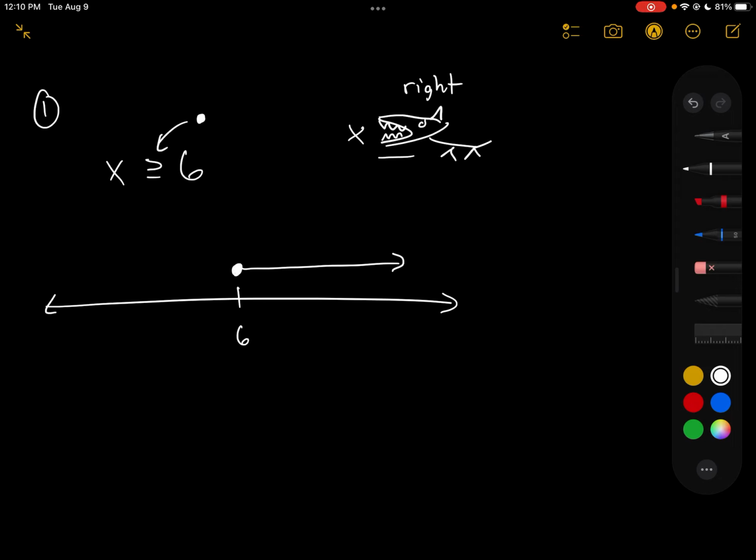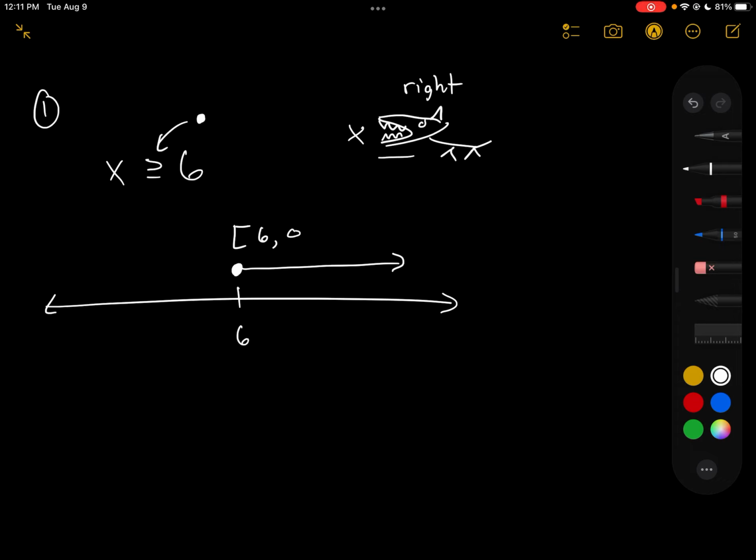So we want to start with our statement with our parentheses and brackets, reading our number line from the left to the right. So the first thing that we see on the left side of this is we see a nice closed circle. So we're going to start with a bracket, and that occurs at the number 6. Comma, our next part is, where does this end at the right? And sometimes it doesn't end. If you see an arrow, that means it just keeps going forever.